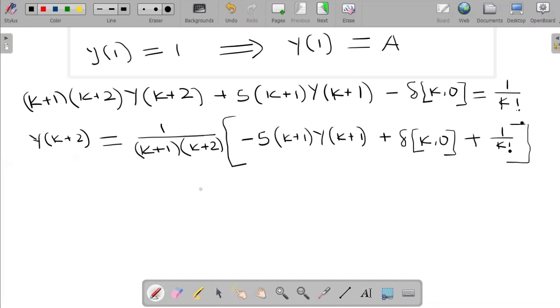From here, we will be solving this equation when k is 0, k is 1, k is 2, and so on and so forth.